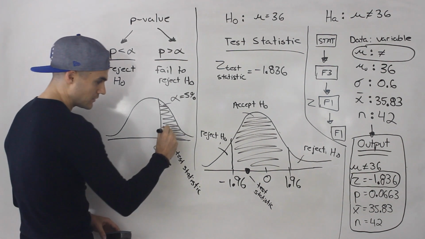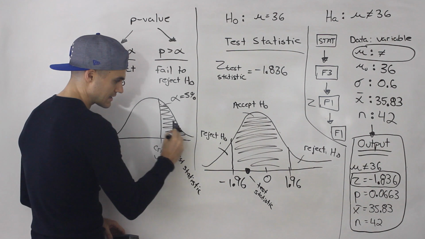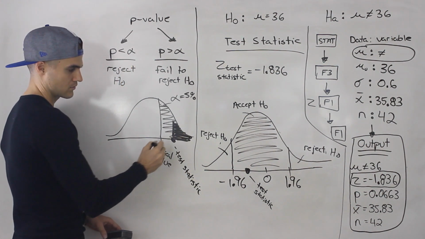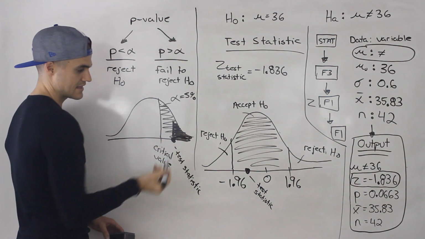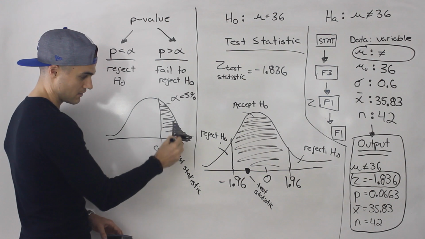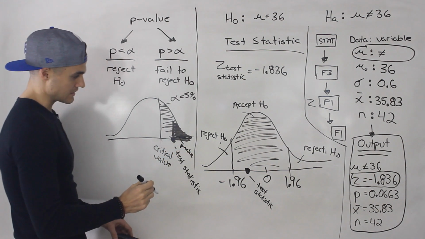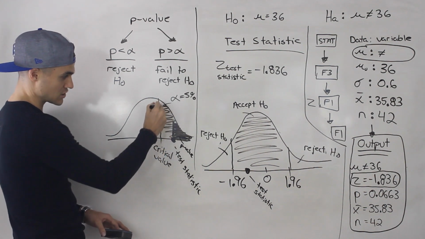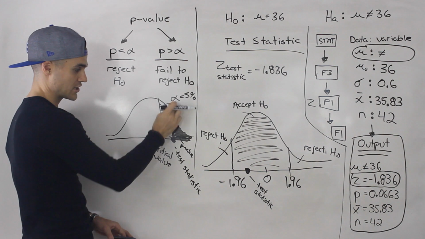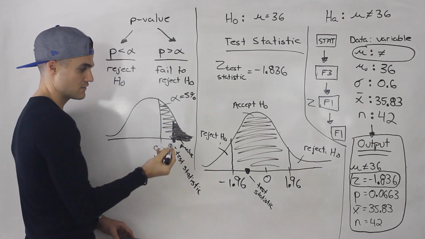Basically what the p-value is, is this area over here, right? From the test statistic and on. So this area is the p-value. And so notice that this whole area is the significance, the rejection region, while this area that depends on the test statistic is the p-value.